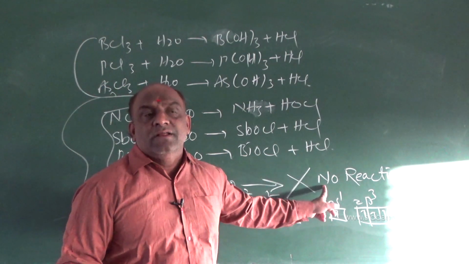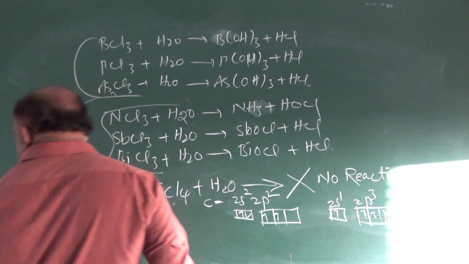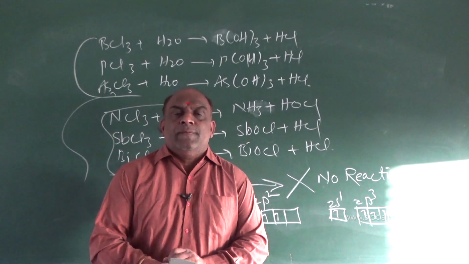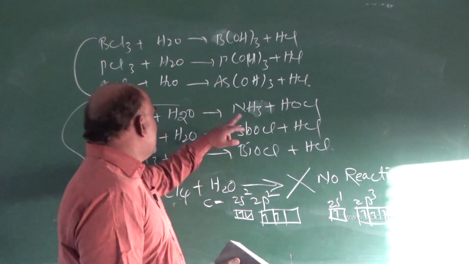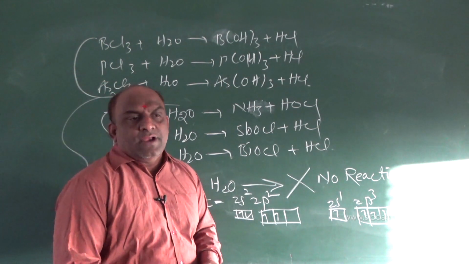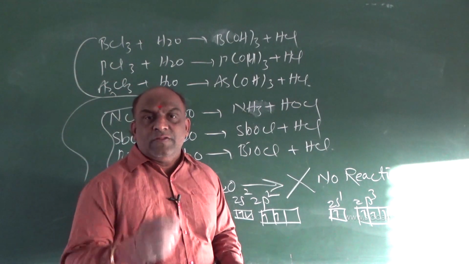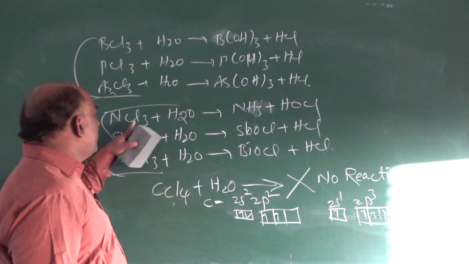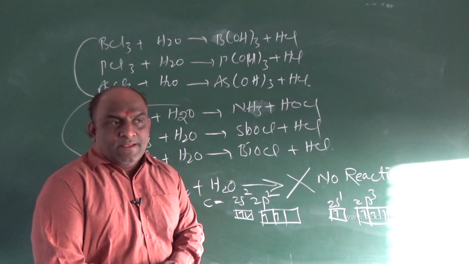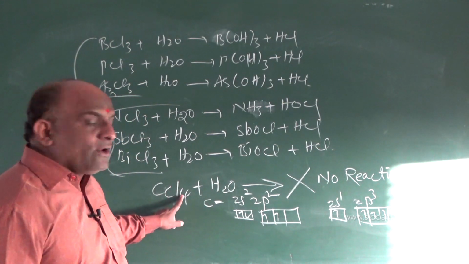What will be the reason? You have to notice this reason. The reason can be explained in terms of electronegativity values. The electronegativity of nitrogen and chlorine is similar: nitrogen electronegativity is 3.04, while chlorine electronegativity is 3.16. And what about carbon and chlorine?